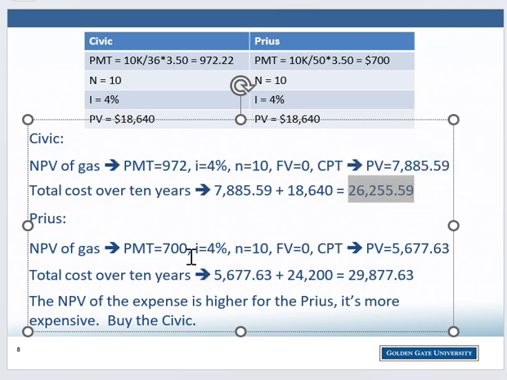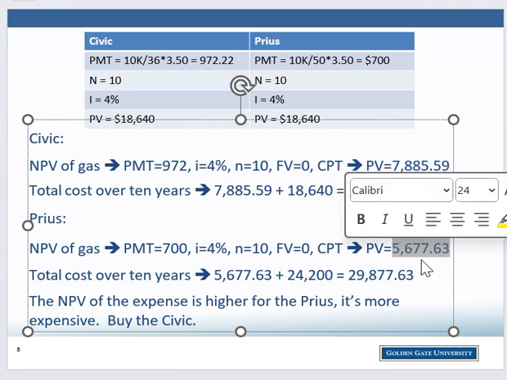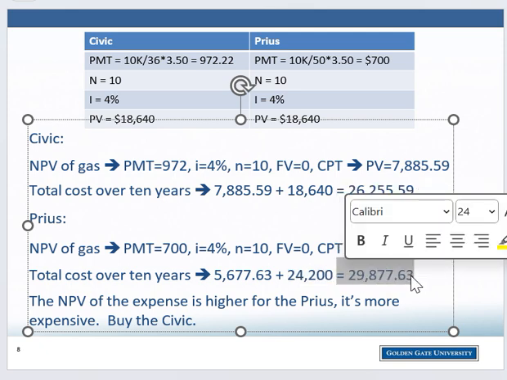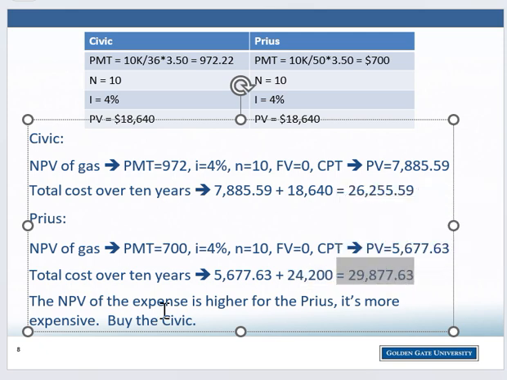On the Prius side, the present value of my gas consumption is going to be $5,677 plus the value of the car. That's going to give me $29,000. NPV for the Prius is more expensive. In this example, we need to buy the Civic.